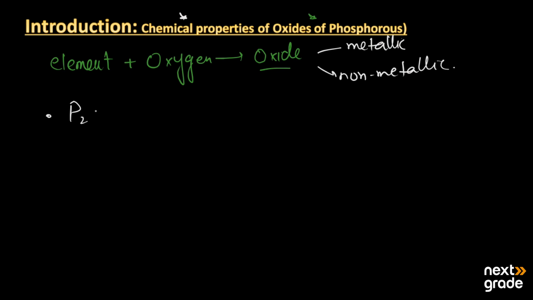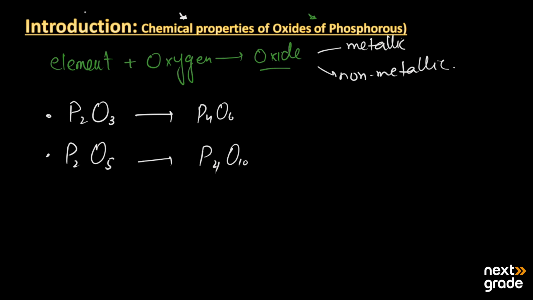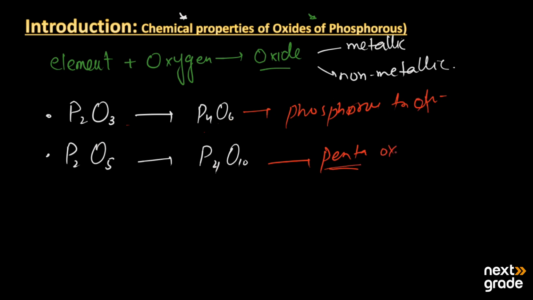Number one is P2O3 and the other is P2O5, which can also be written as P4O6 and P4O10 respectively. The first one is known as phosphorus trioxide and the second as phosphorus pentaoxide, depending upon the number of oxygen atoms present.